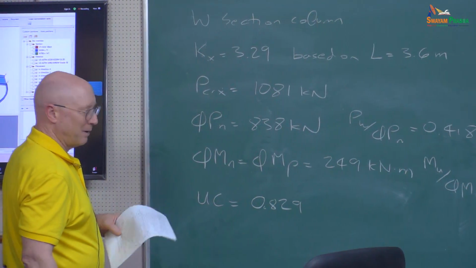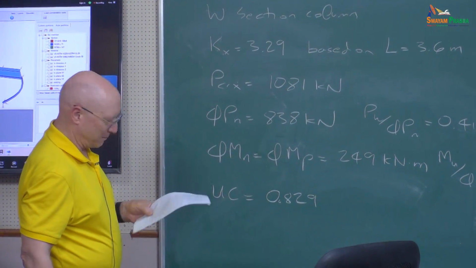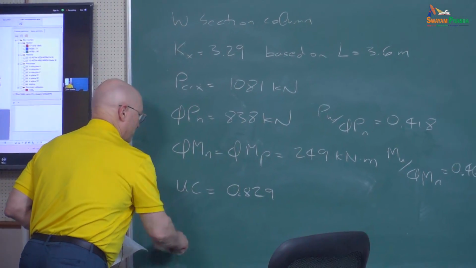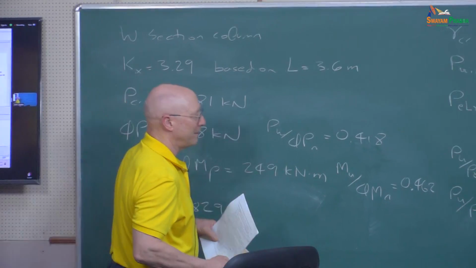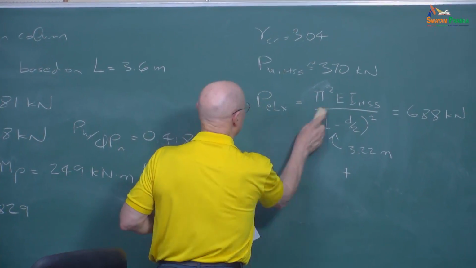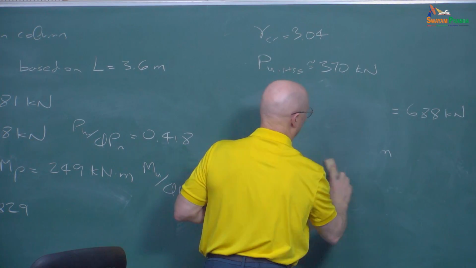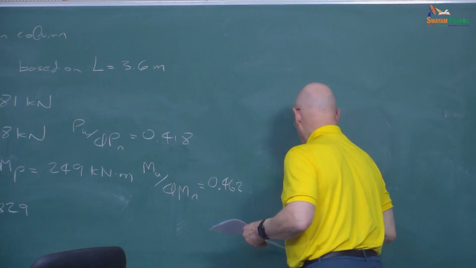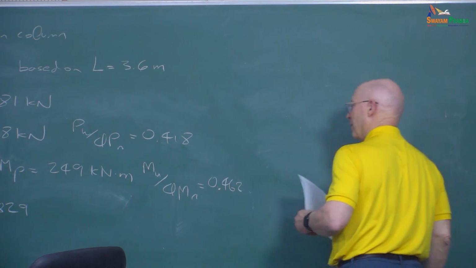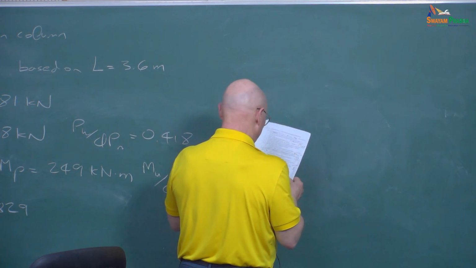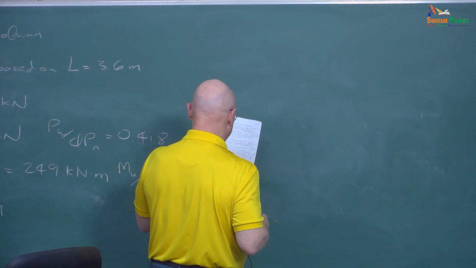And so that checks, even though it's a little bit larger than what we would have had if we had designed it based on the simpler model that we were working with yesterday, where we didn't have the finite joint size considered in the solution.